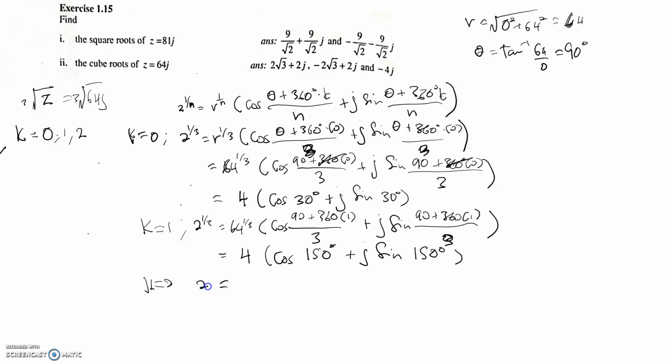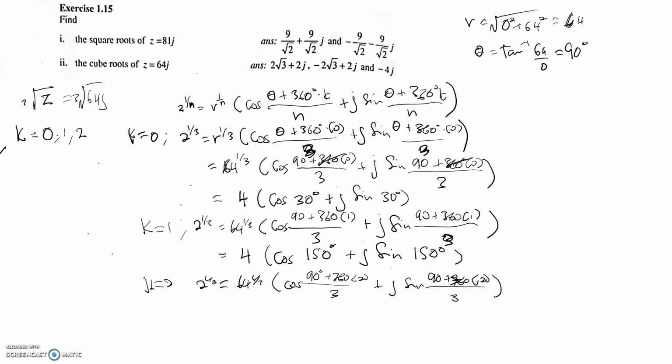So we have z to the power 1 over 3, 64 to the power 1 over 3, cos of 90 plus 360 times 2 over 3, plus j sine of 90 plus 360 times 2 over 3.